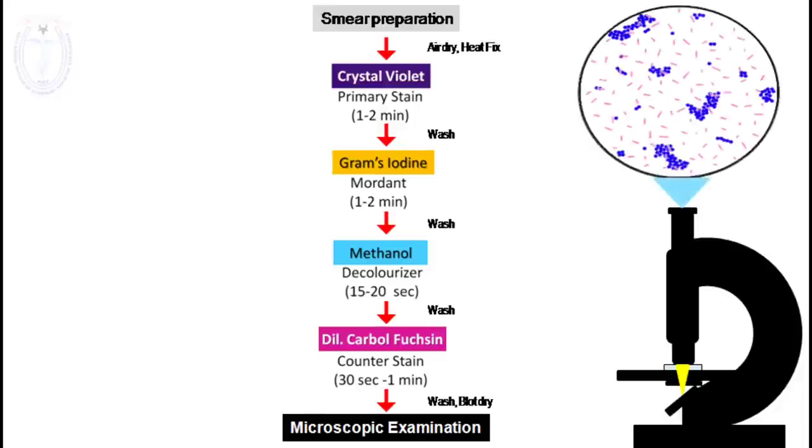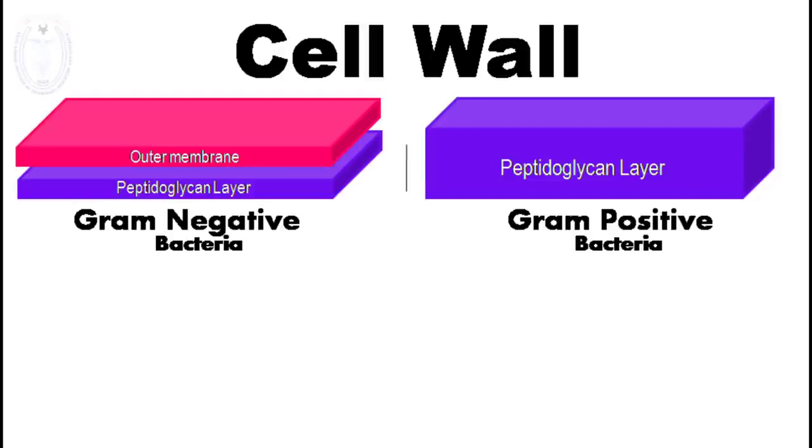The color difference in staining is due to the difference in their cell wall constituents. The gram-positive bacteria have the thick peptidoglycan layer, but the gram-negative bacteria have the thin peptidoglycan layer. In addition, the gram-negative bacteria have another layer, the outer membrane, which is rich in lipid content.